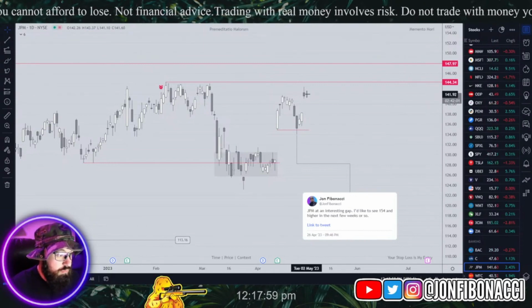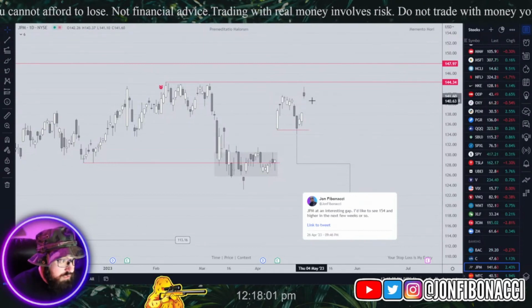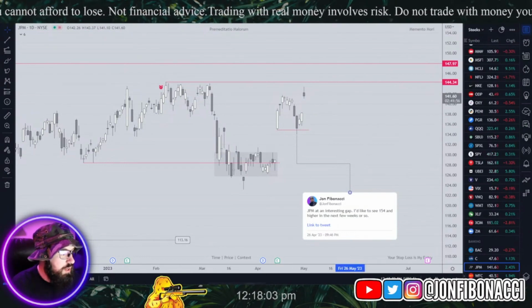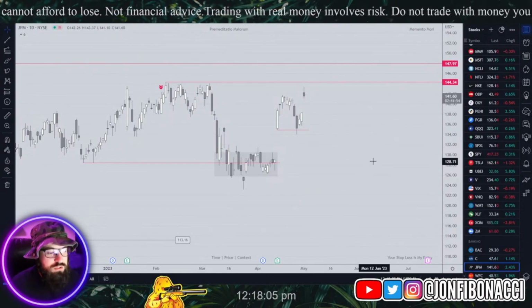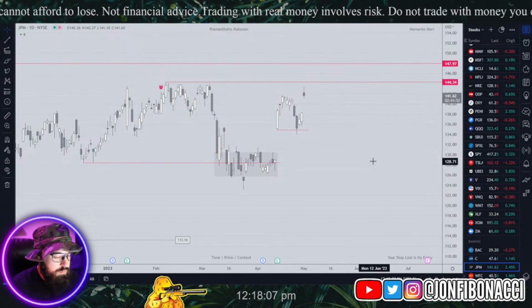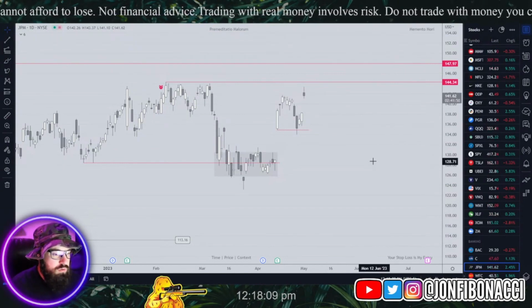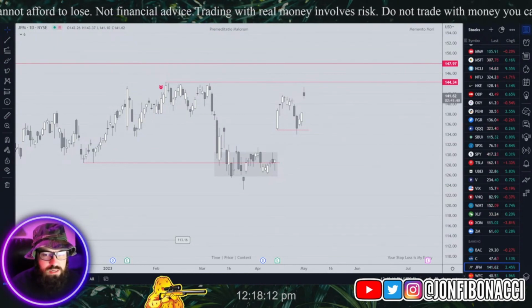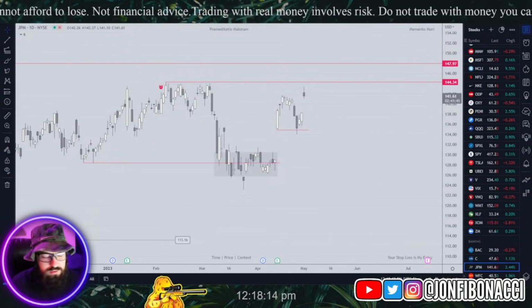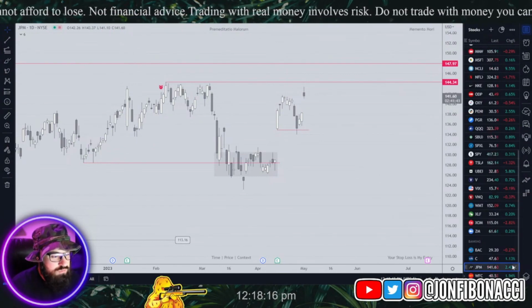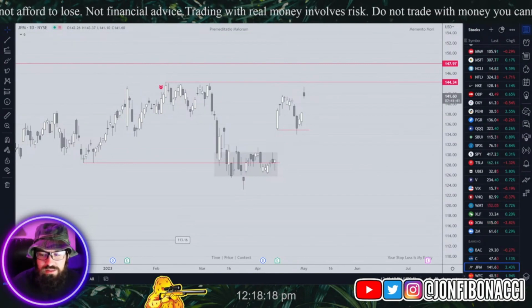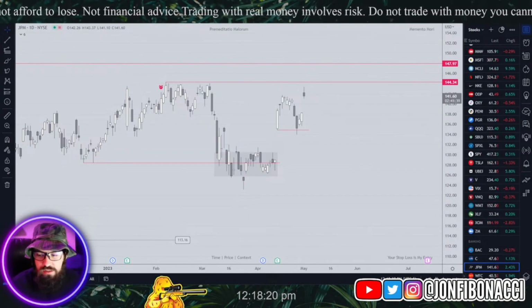And look what we did today. Oh, we gapped higher. No surprise there. What's JP Morgan doing? They scooped up PNC, or not PNC, whatever that other dog shit bank is, right? Scooped them up. And now they're up 2.4%. You know what the options are up today? The options are up like 200, 300%.